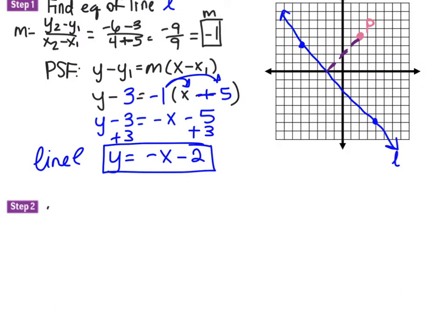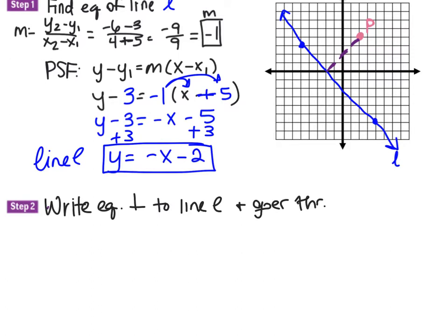For step 2, we need to write the equation that is perpendicular to line L and goes through point P, (2, 4).